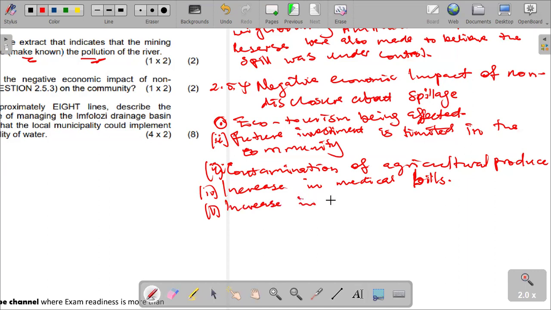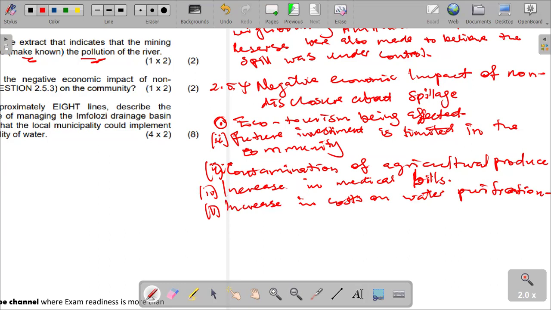Increase in cost on water purification. Purification of water becomes another cost that needs to be taken care of.